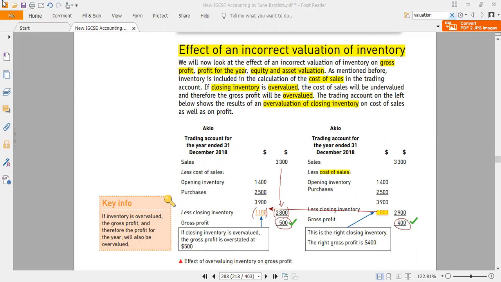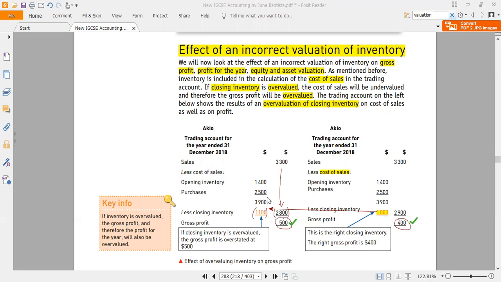Are you getting the point? I am repeating: if your closing inventory increases from 1000 to 1100, your profit also increases from 400 to 500. If your closing inventory decreases from 1000 to 900, your profit will also reduce from 400 to 300.